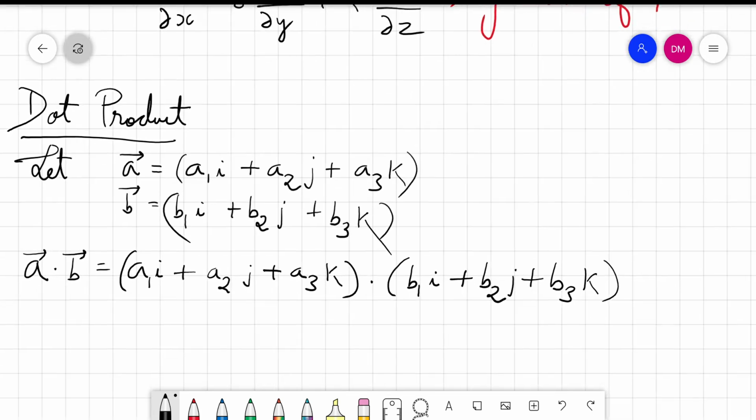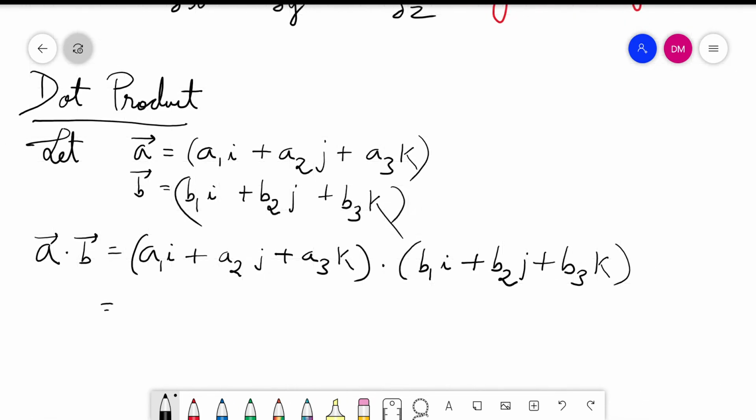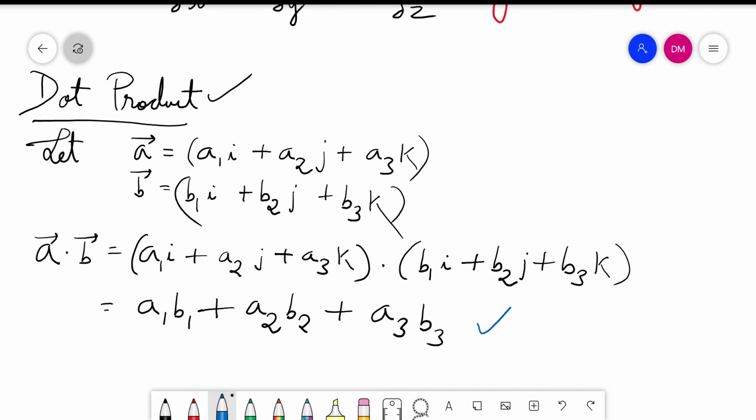This can be written as a1 into b1. In case of dot product, i dot i is 1, j dot j is 1, and k dot k is 1. So a1 b1 plus a2 b2 plus a3 b3. So this was the dot product.